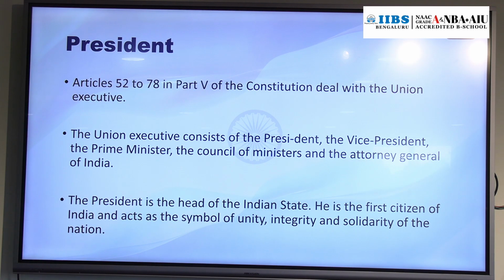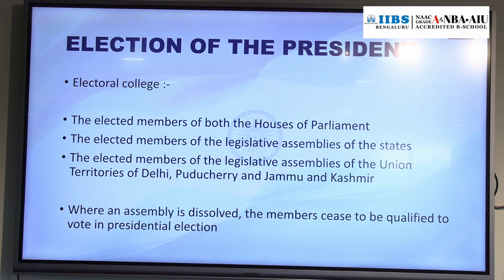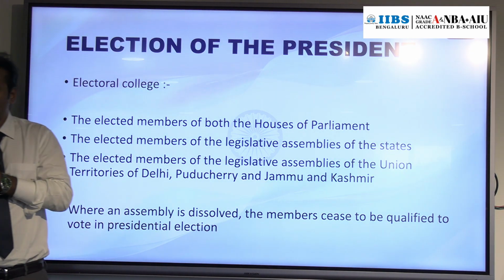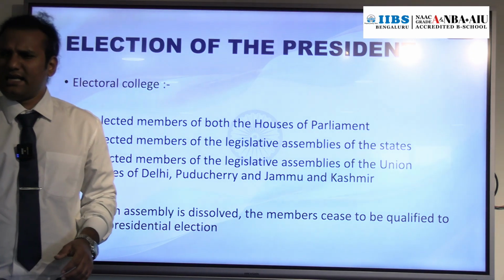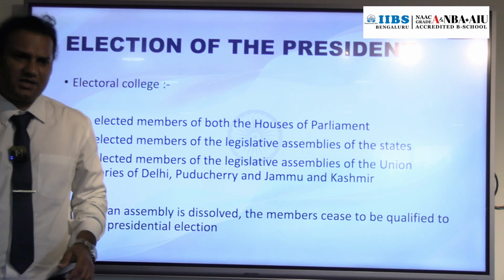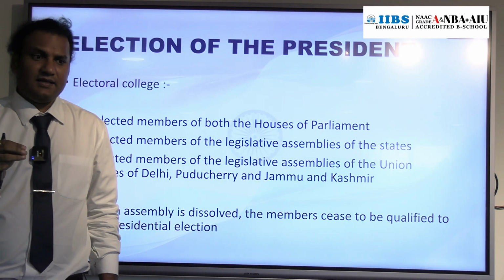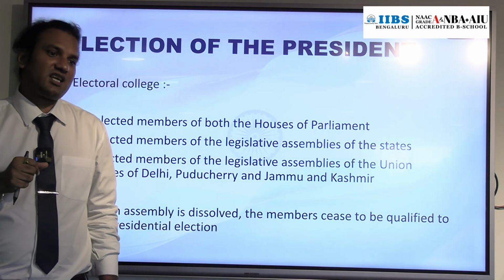Now, the election to the President of India. The procedure of conducting the election for the post of President of India has been taken from the Irish constitution.